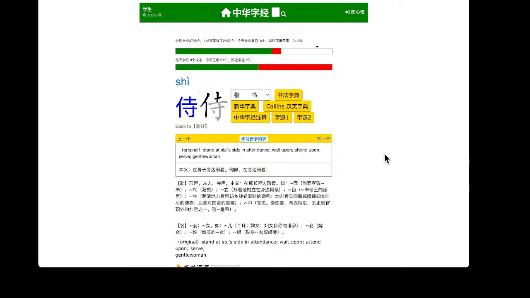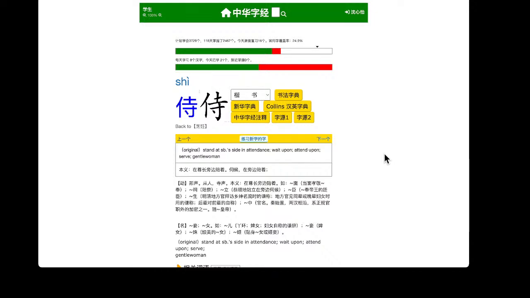是. Now, 是, the original meaning is to stand at somebody's side in attendance, okay? So in ancient China, it specifically means to stand by elders, to accompany them and to serve them. Okay, that's the original meaning. Now of course later it does not strictly mean accompanying the elder, but rather accompanying an elder or somebody who has a higher social status.